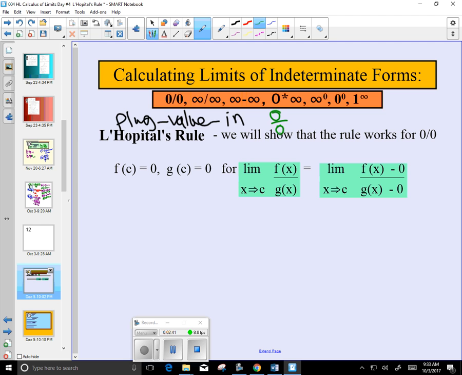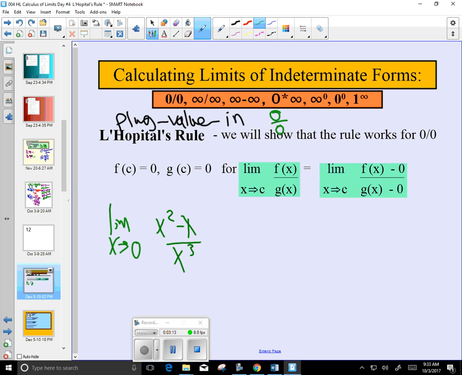It could be undefined, like let's say I took the limit as x approaches 0, and you had x squared minus 1 over x cubed. And I put in a 0. I guess this would have to be an x, wouldn't it? So this is 0 over 0, but is this going to give me a number like 4 or 3 or even 0? No, it'll be undefined.